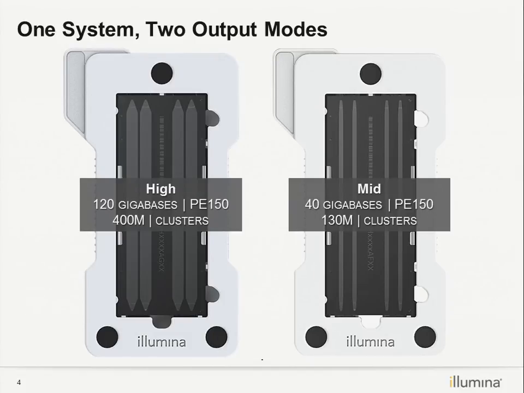You can tell the difference by the name of the flow cell. The mid output also contains 4 lanes, but you can see that the width of the lanes is narrower than the high output. I will talk about that in a minute. And this is only one third of that.